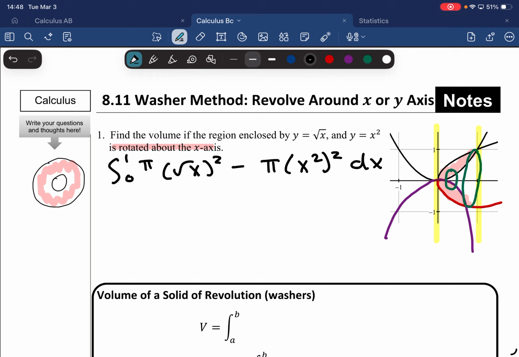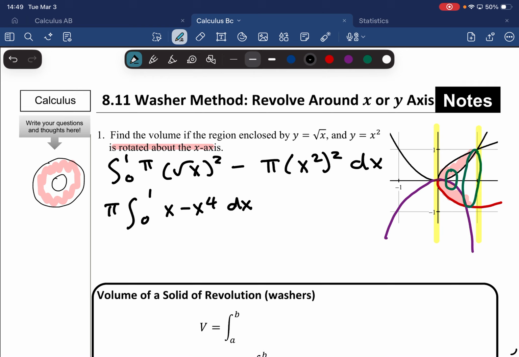From here we can simplify by taking the GCF of pi out and putting pi outside of the integral. So this is pi times the integral from 0 to 1. Then I can simplify my x's. The square root of x squared is x, and x squared squared is x to the 4th. So I have x minus x to the 4th dx. This is just the simplified version.